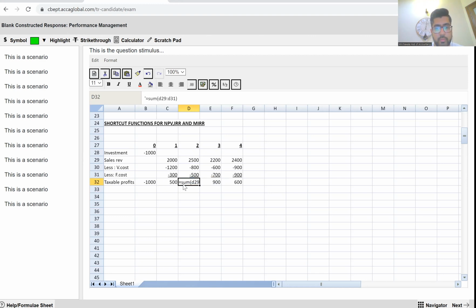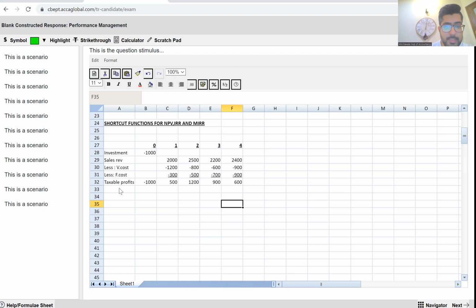No need to do that. Once you have just done the first cell, put it here and drag it. It will create it. And if it's not happening like this, then what you can do is put it here, right click, copy, and then drag.